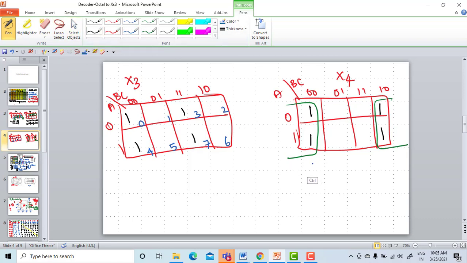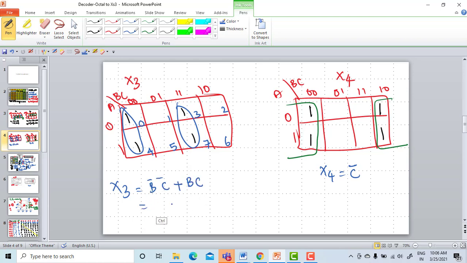So this is nothing but here I will have change in A. So the common thing is C bar. So x4 is C bar, and coming to x3, I can have only this 2-bit combination. So this is B bar C bar plus BC.